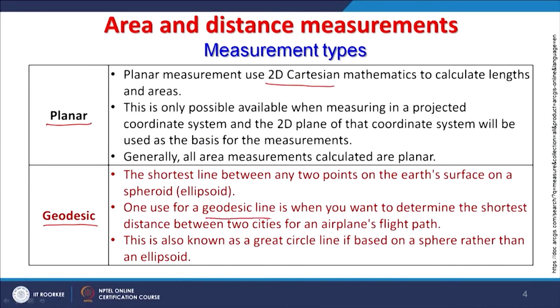Sometimes we also call it terrain measurement. For example, one use of a geodesic line is when you want to determine the shortest distance between two cities for an aeroplane flight etc.